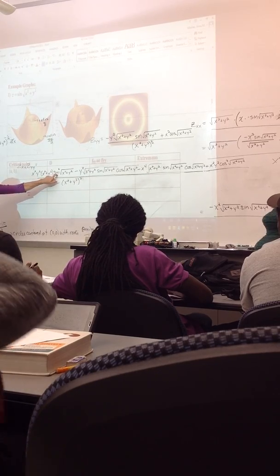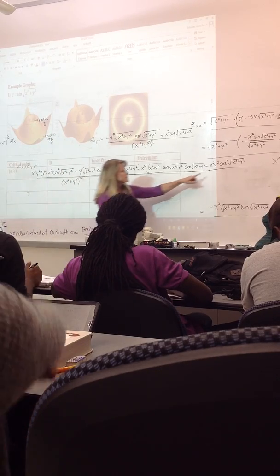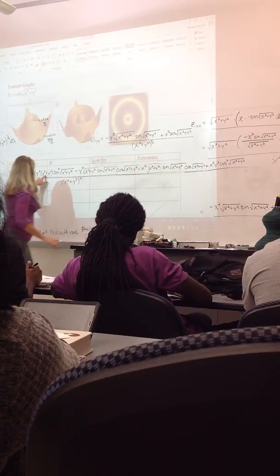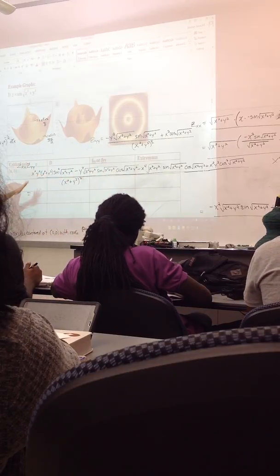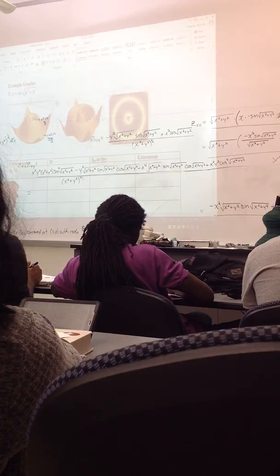Notice that I've got the sine squared times a cosine squared, but they're being multiplied by different things, so I can't factor them out nicely.